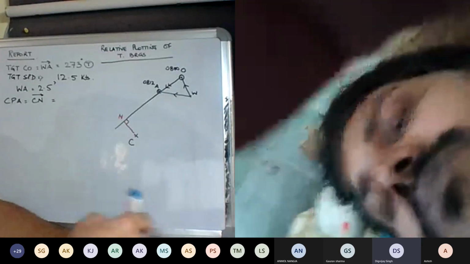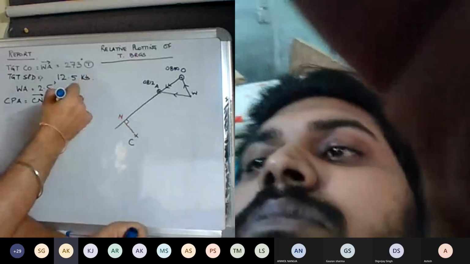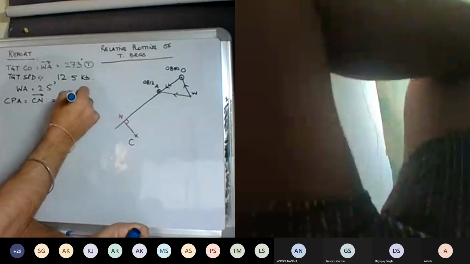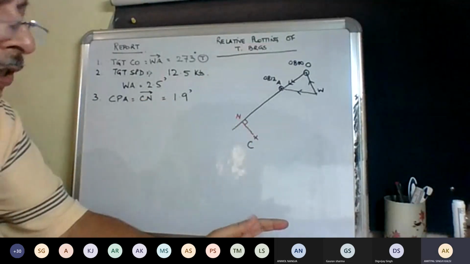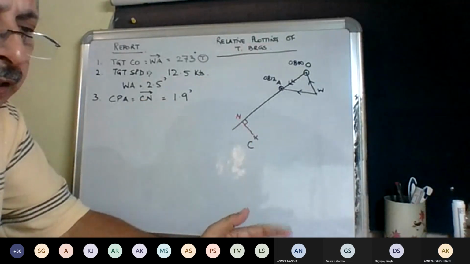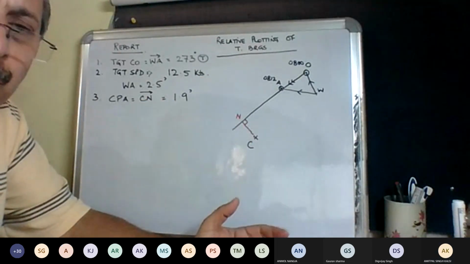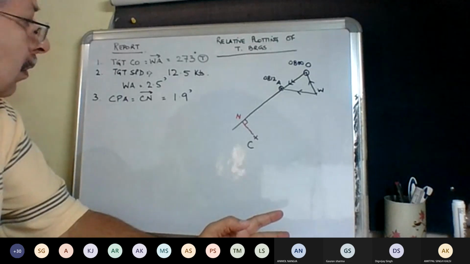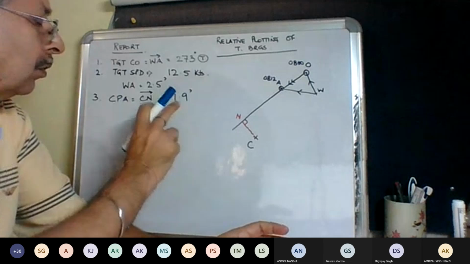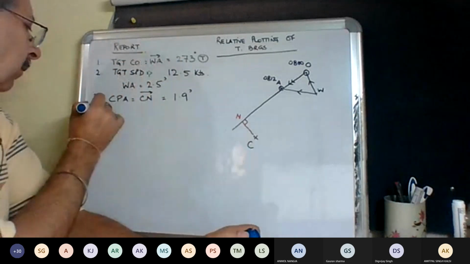Let me just check, 1.9 is given in the table. Somebody is getting 1.8, someone 2, someone 1.7, someone 1.8. All is okay. So is CPA okay with everybody?